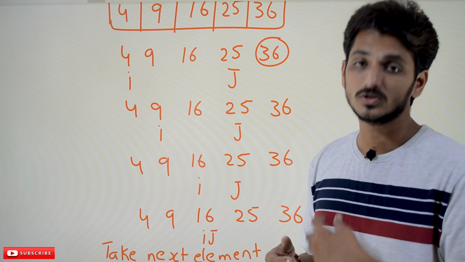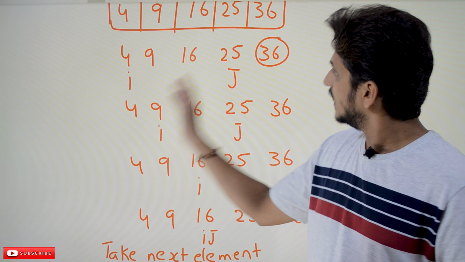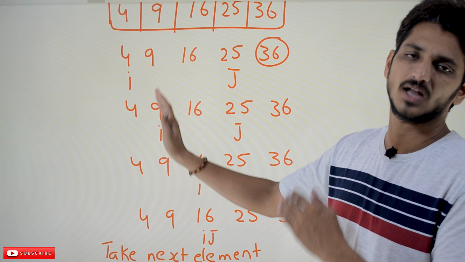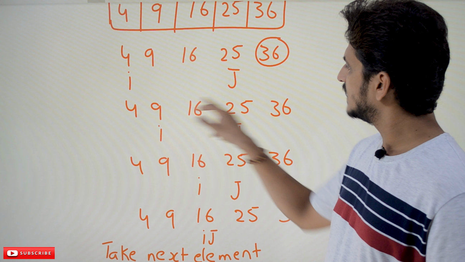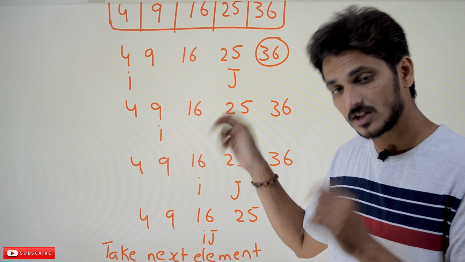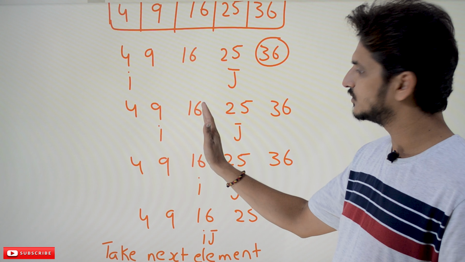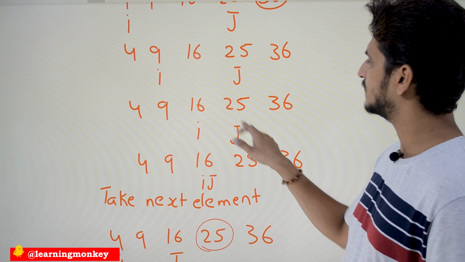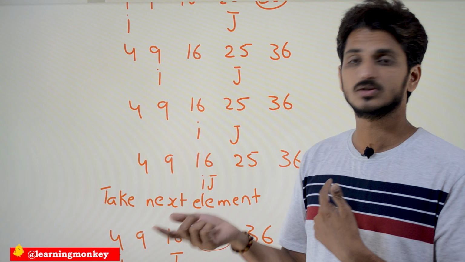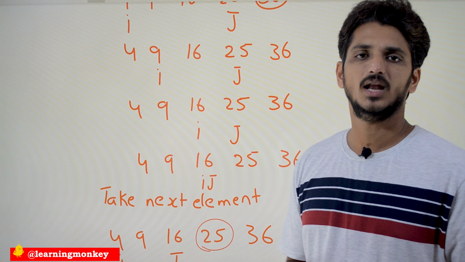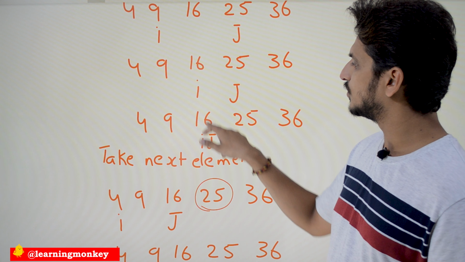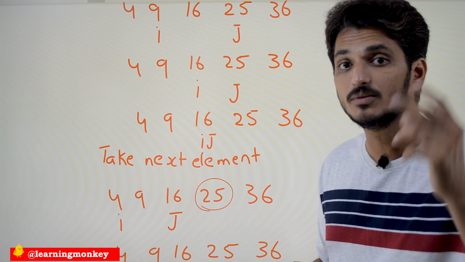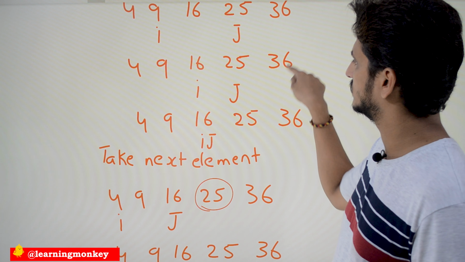For 29 less than 36, we move the smallest element to the next largest element. So 9 plus 25 is 34, which is again less than 36. Move i to the next position. 16 plus 25 is greater than 36, so reduce j to the left side. Now i and j are both pointing to 16. Stop. We are unable to find a triplet for the value 36.